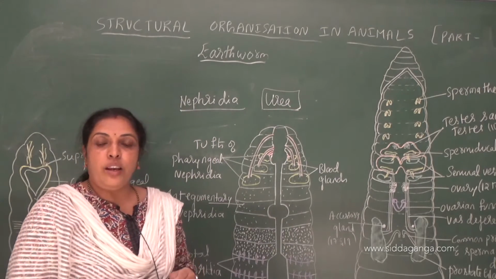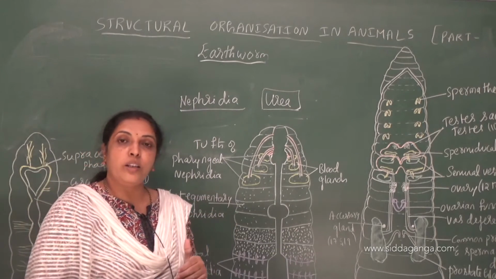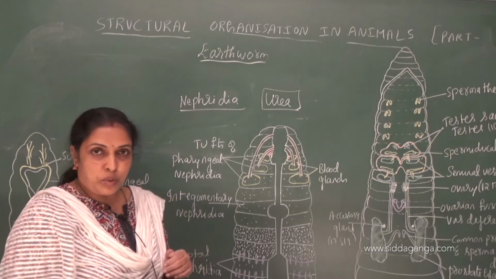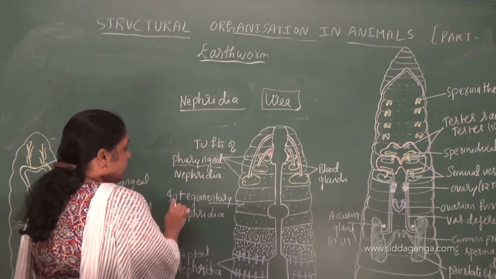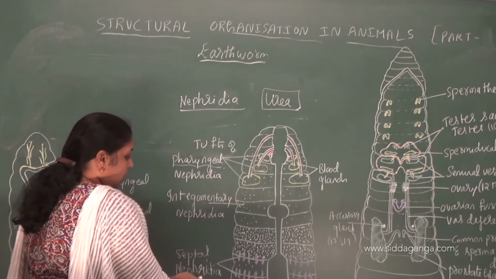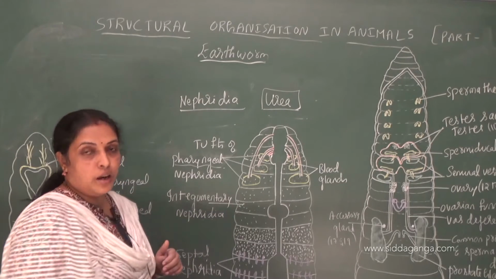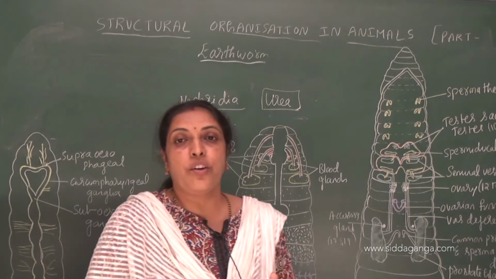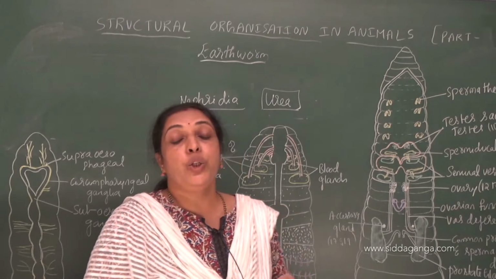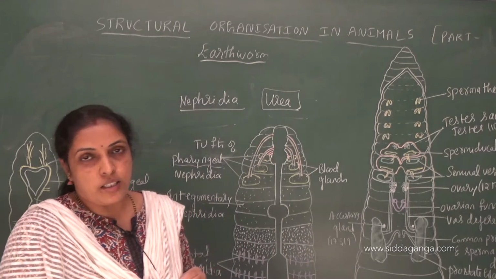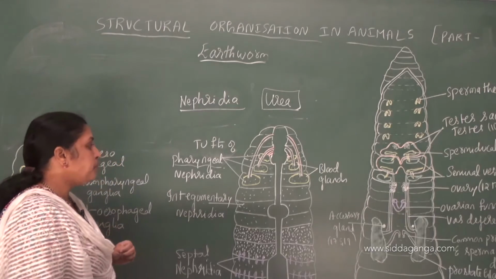Coming to the nephridia, they are divided into three types: pharyngeal nephridia, integumentary nephridia, and septal nephridia. So how many types of nephridia are there? Three types: pharyngeal, integumentary, and septal nephridia.